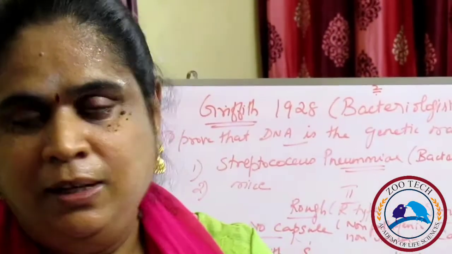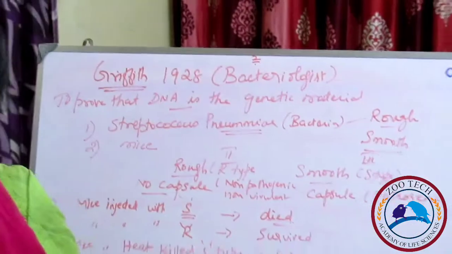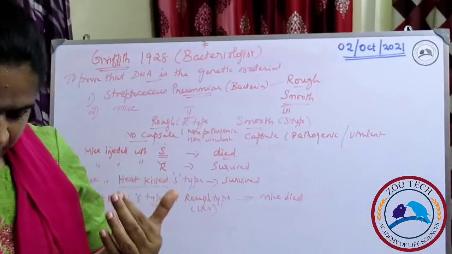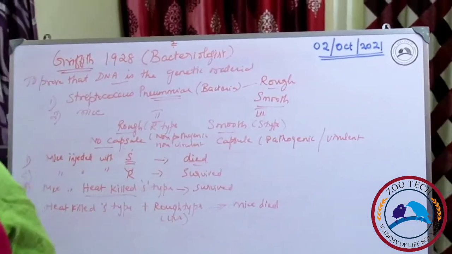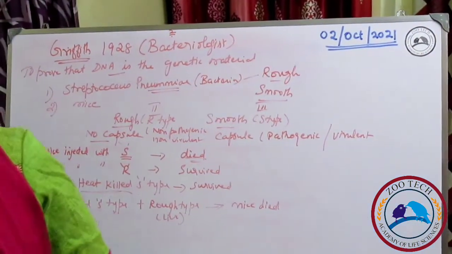But Griffith failed to tell about the chemical and biological processes behind the transforming principle.